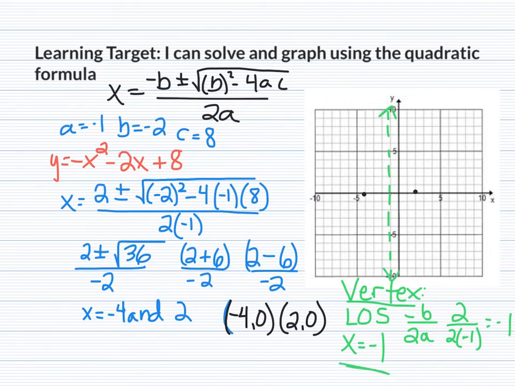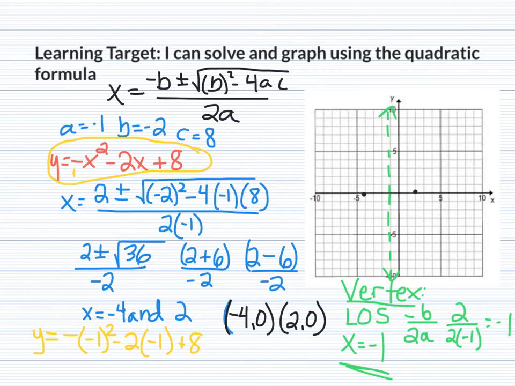Now I'm going to take that x value and plug it in and get the y value. Okay, so I'm going to have to do this right over here. I'm plugging it into this equation. So I've got y equals negative, right, because that's still there, and then parentheses, negative 1 squared minus 2 times negative 1 plus 8.